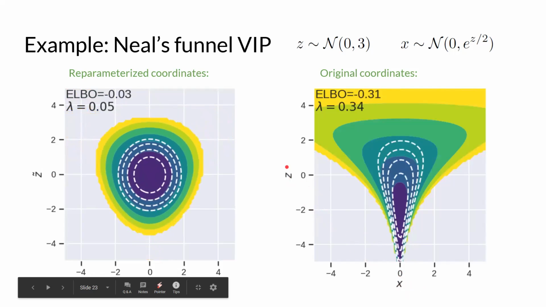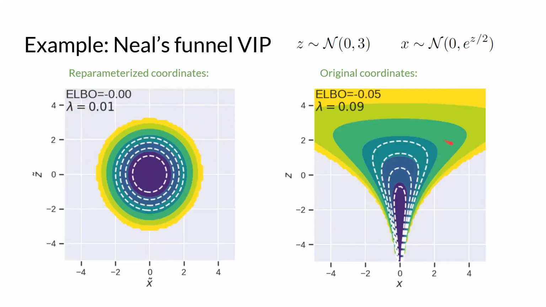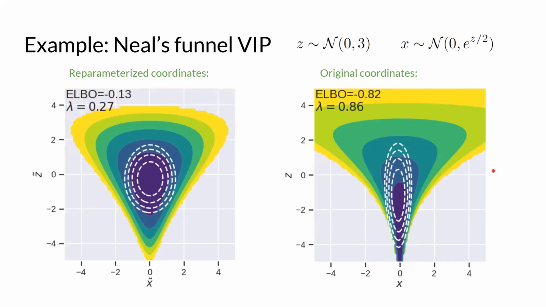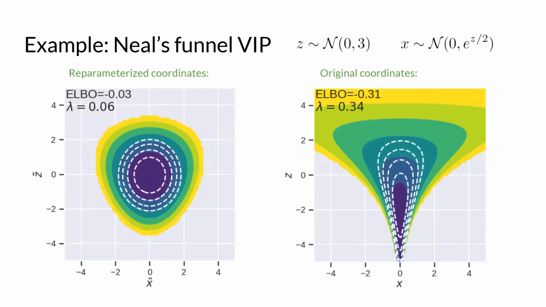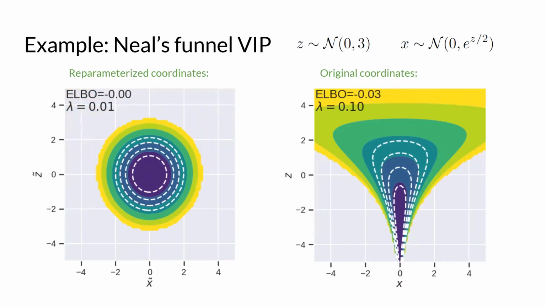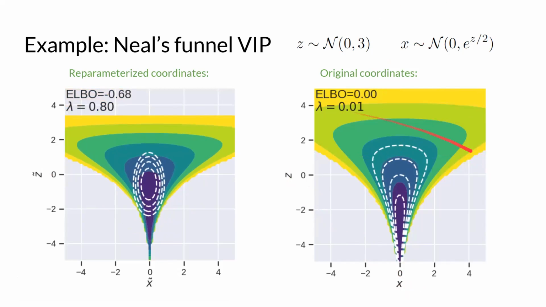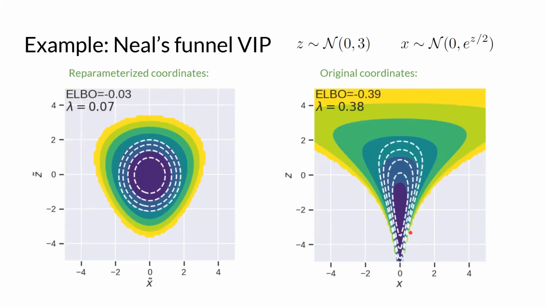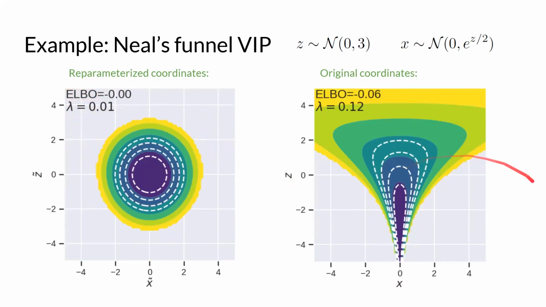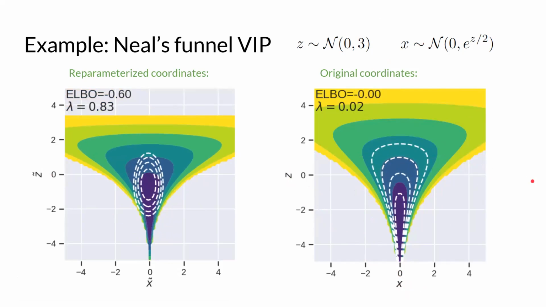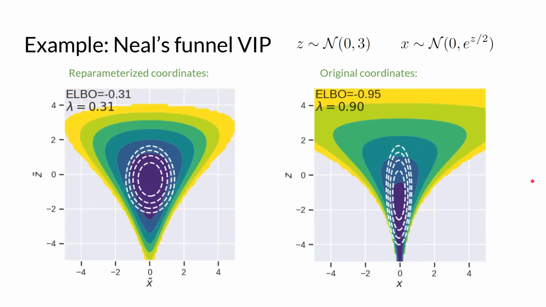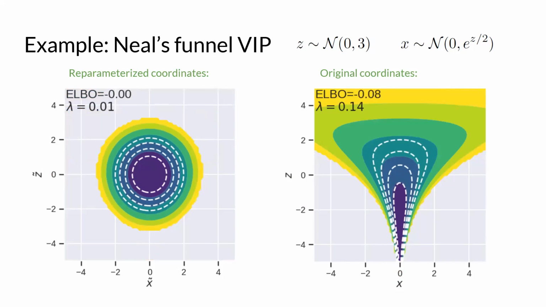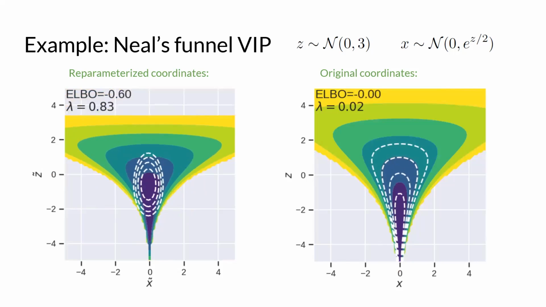So we have x and z, and we show instead how the fitted variational posterior looks like during optimization. So we see that we start from some spherical Gaussian, and then because we change the parameterization, it actually changes shape, and this defines in a way a more expressive variational family. So lambda defines a more expressive variational family.